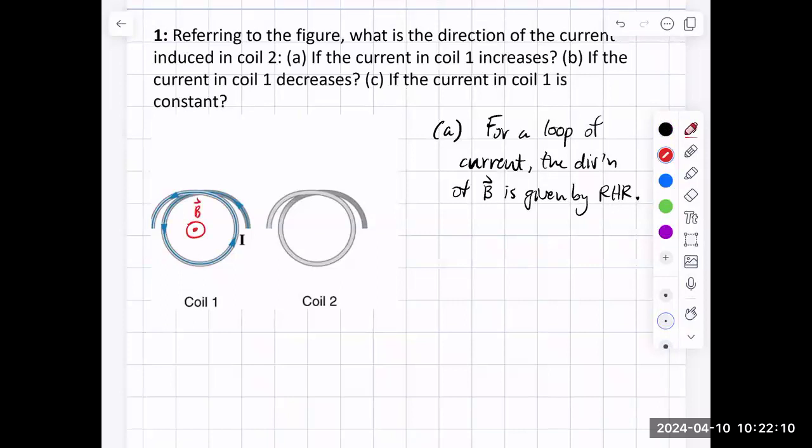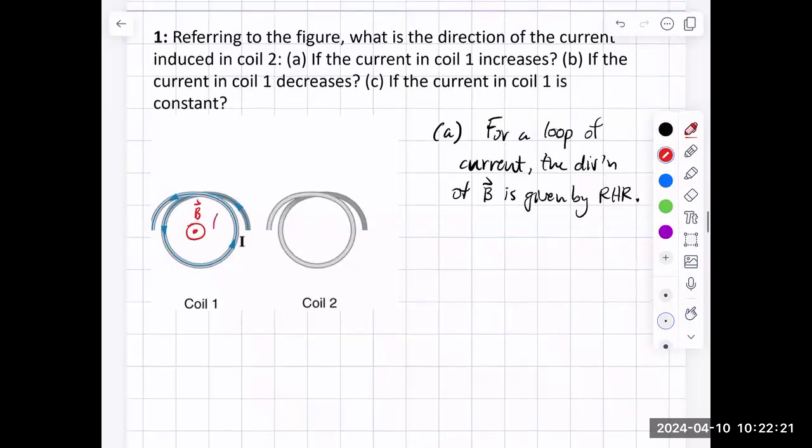Okay, now what we know is that the magnetic field due to a current loop looks a bit like a bar magnet. And so the fields are going to be coming out and then looping around and then coming back in. And so they're looping around like so. So this is the magnetic field due to that first current in coil number 1.